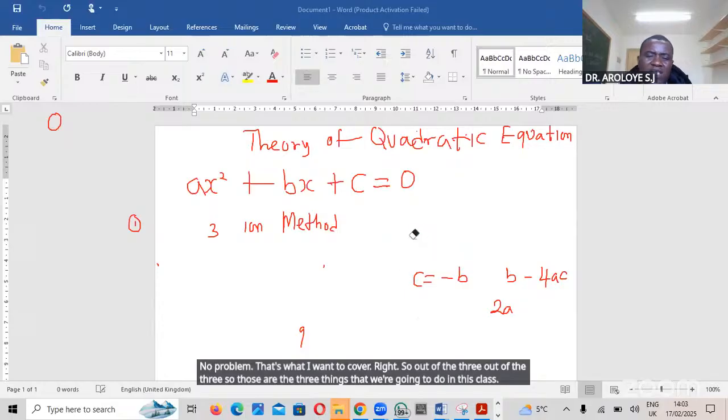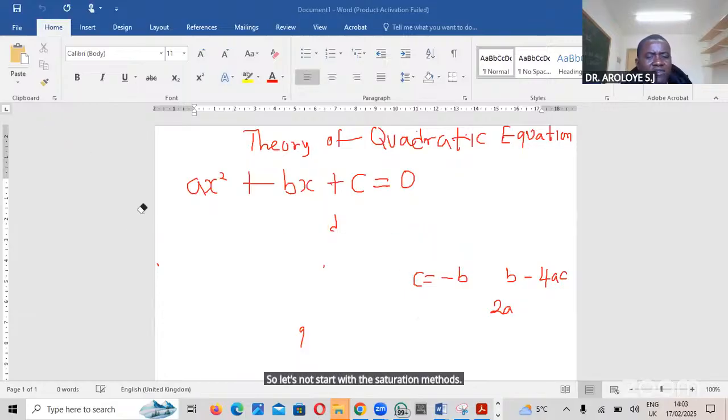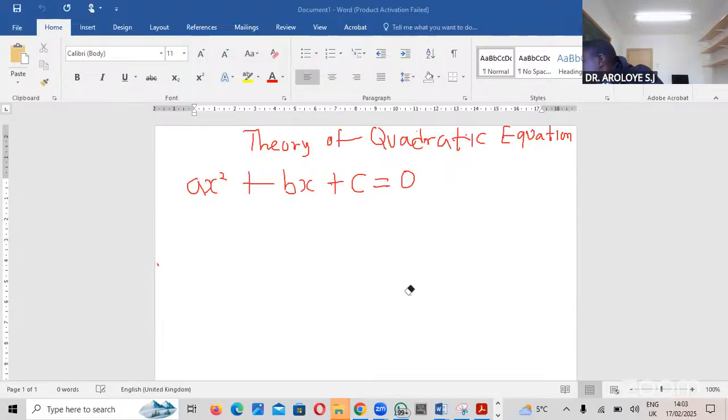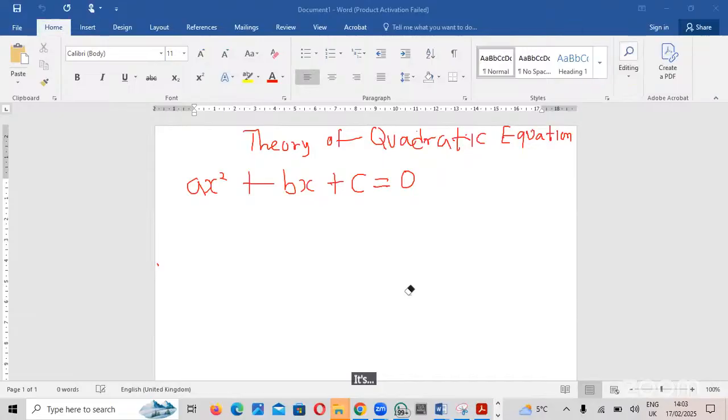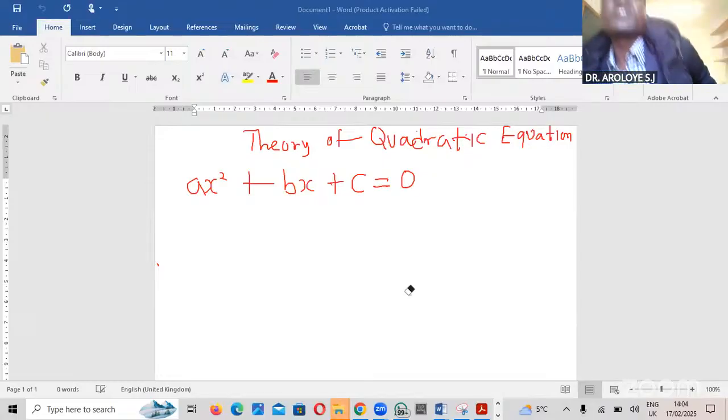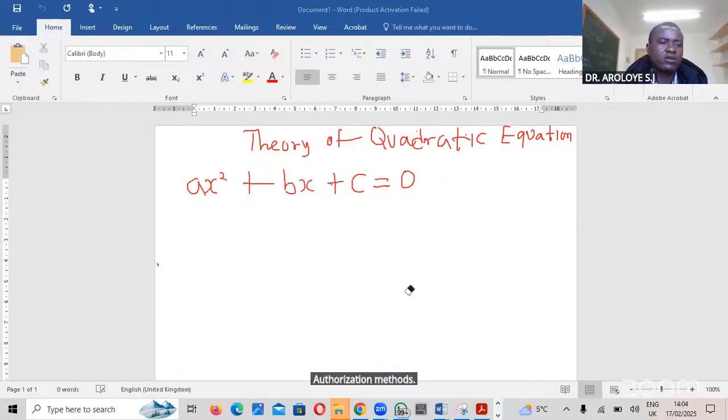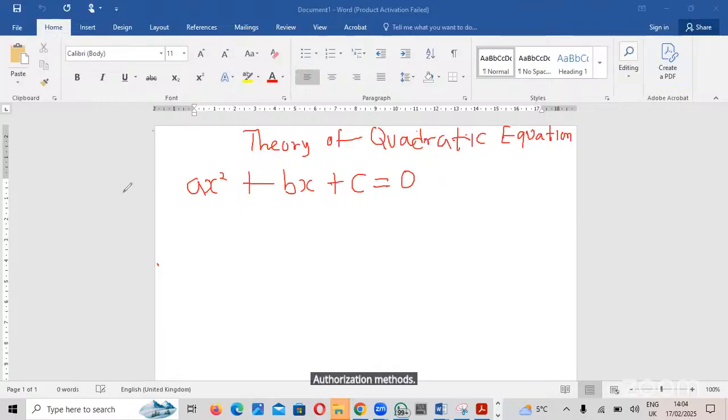So let us now start with the factorization methods.